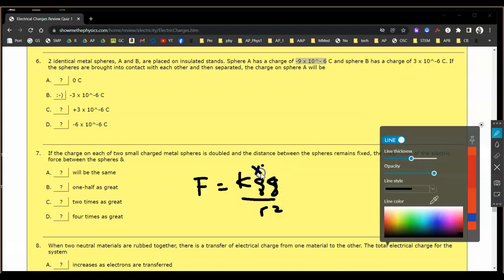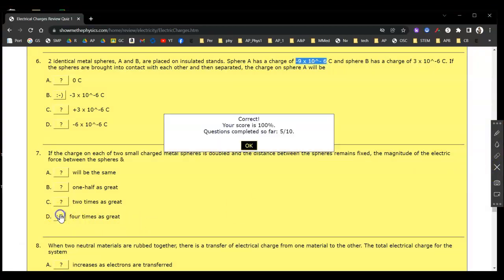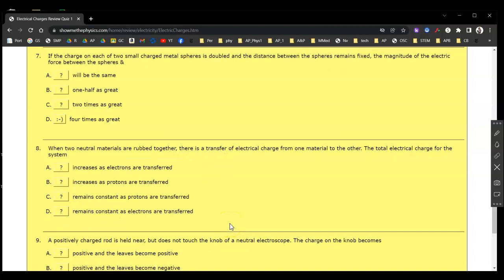The change on the right equals the change on the left, so I'm plugging in changes, not numbers. Both charges are doubled. So what about the force? 4 times greater is right, because double times double is 4.